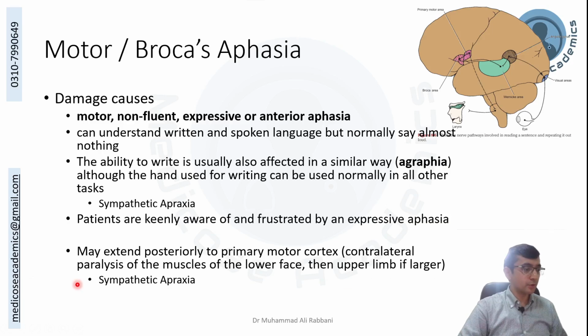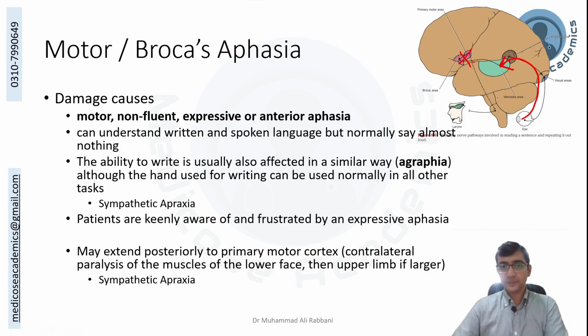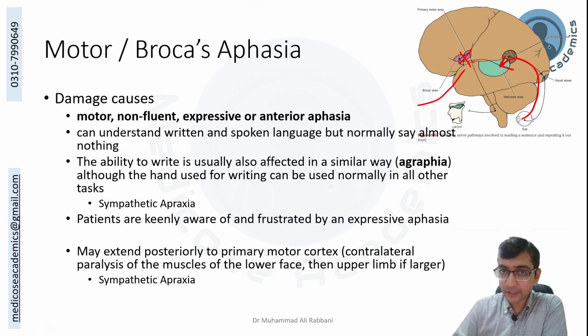Broca's aphasia or motor aphasia occurs when Broca's is damaged. So all this part is now damaged here. All the visual pathway till Wernicke's is okay. A person is able to comprehend the written language. Everything from the auditory pathway to the Wernicke's area is okay.